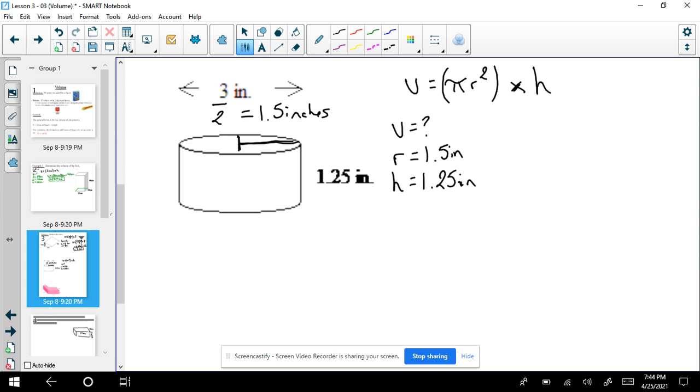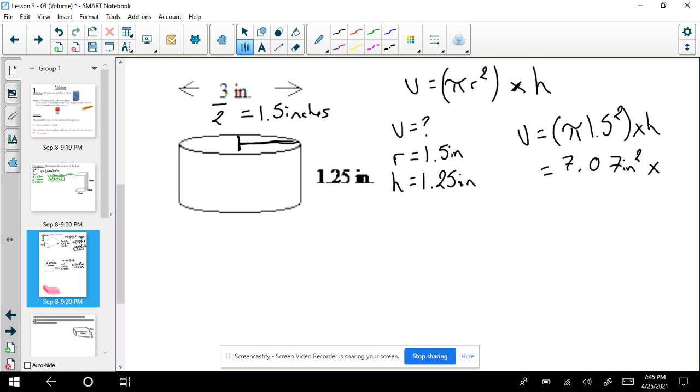And then I just take that information and I plug it into my equation. So I have my volume, we don't know, my pi, and then my r is 1.5, and I square that, times h. Right, and then I plug that into my calculator and I get 7.07 inches squared.